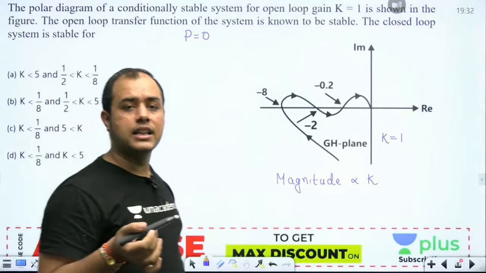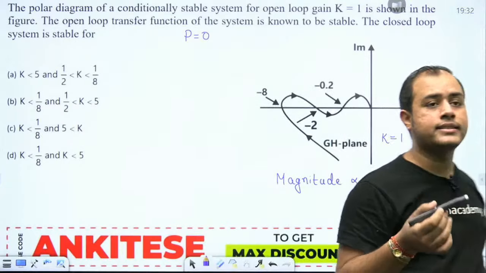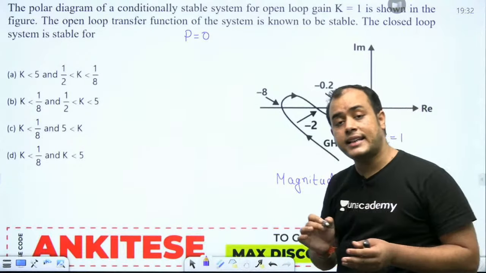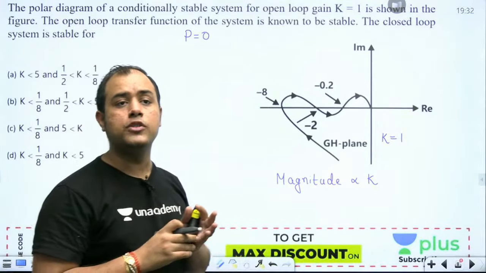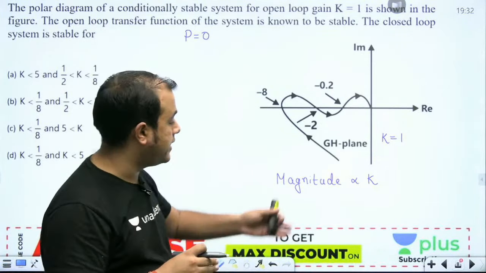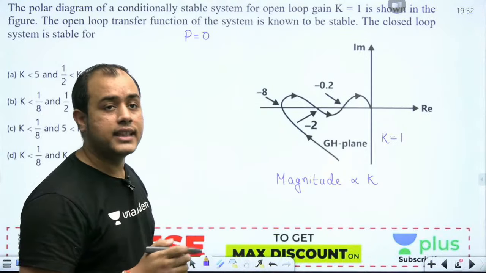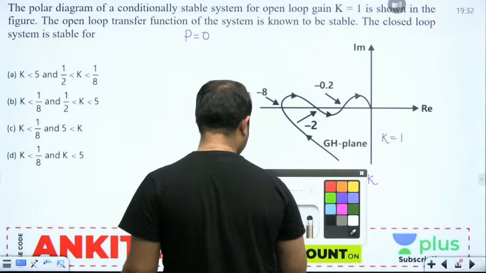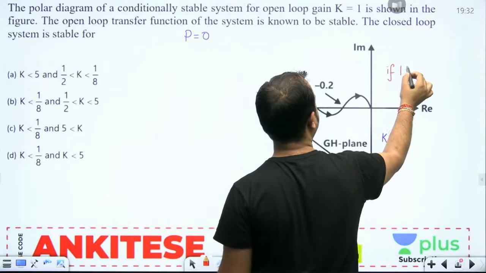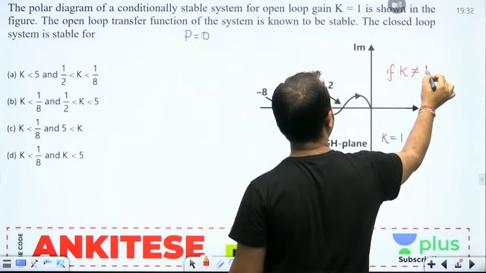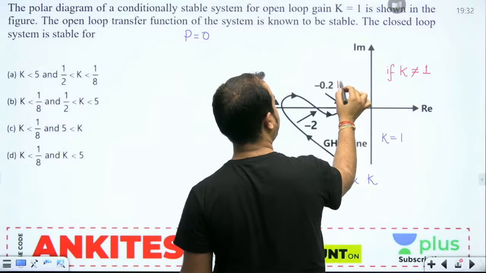Remember, if there is any transfer function like k into (1 minus s) by (1 plus s), the magnitude of such a function will depend on k. The magnitude will be directly proportional to k. That is why, my friend, if k is not equal to 1, all the magnitudes will be multiplied by k.